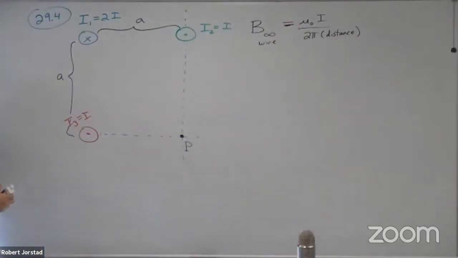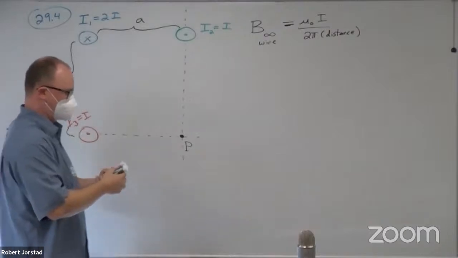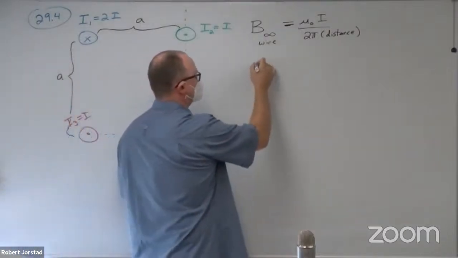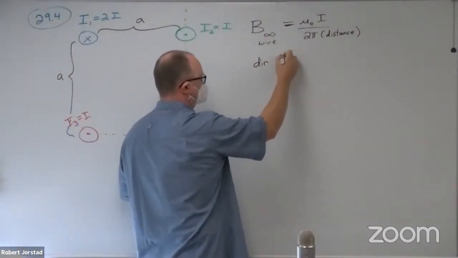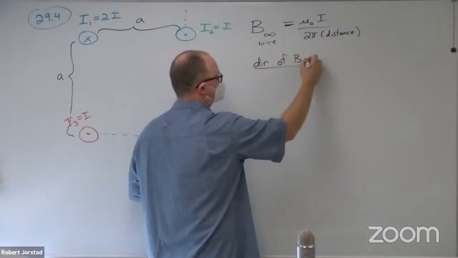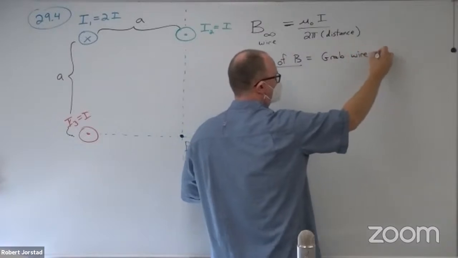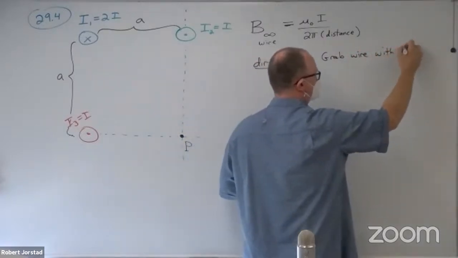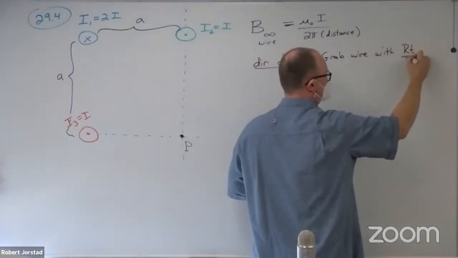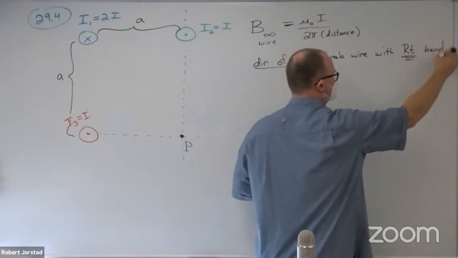All right. So then how do we figure out the direction of B? What right-hand rule? Grab that wire with right hand. Then what?